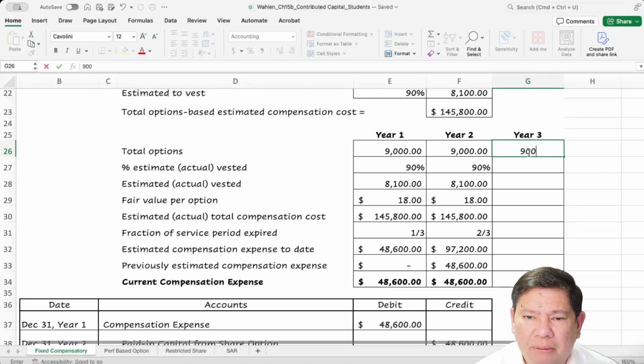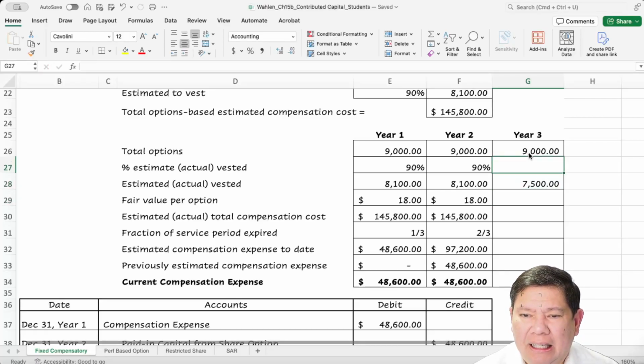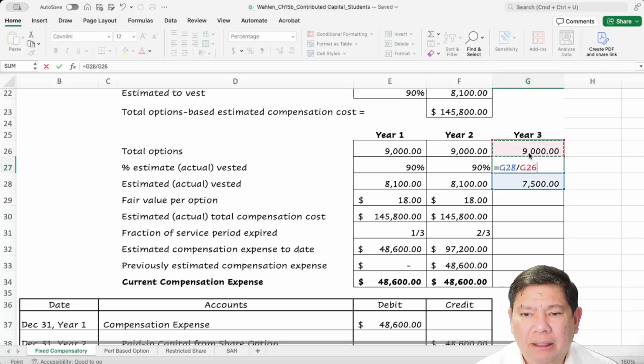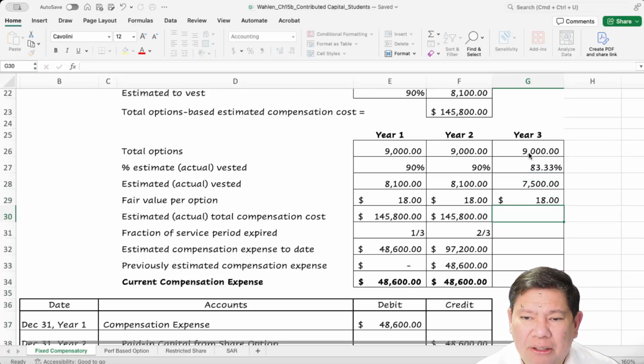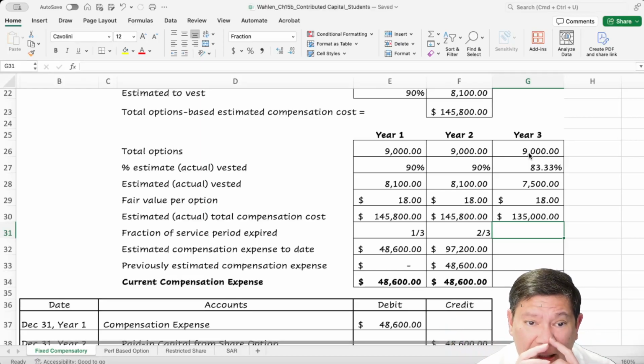Originally, total option was 9,000, but the actual vested is 7,500. So that's about 83.33%, but that's already actual. The fair value is 18, so when we multiply that, 18 times 7,500, overall the compensation cost is $135,000. And because that's the end of year 3, when it's vested, that's 100%.